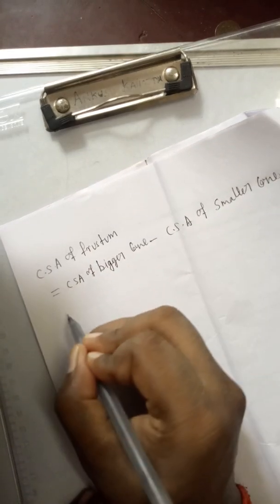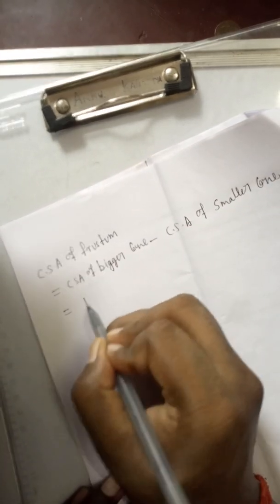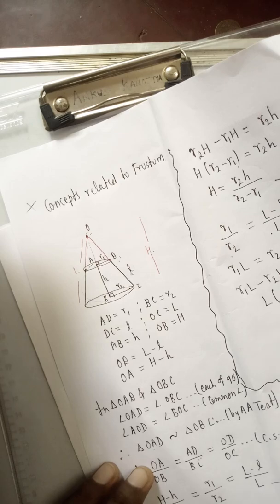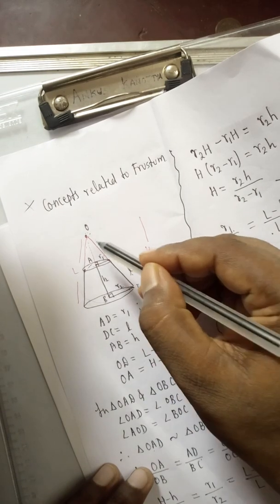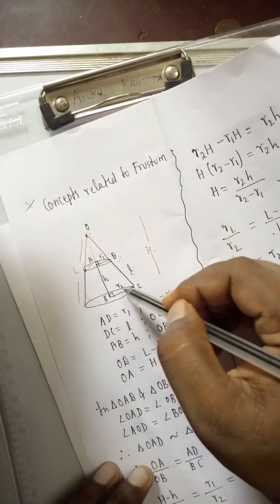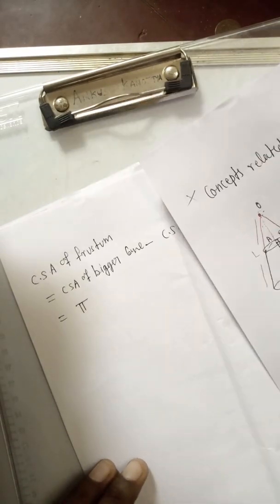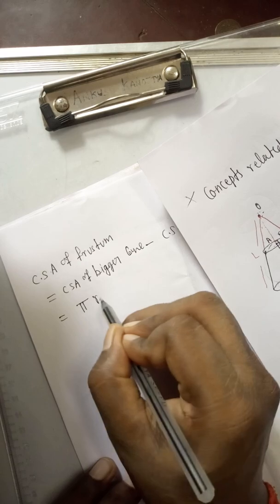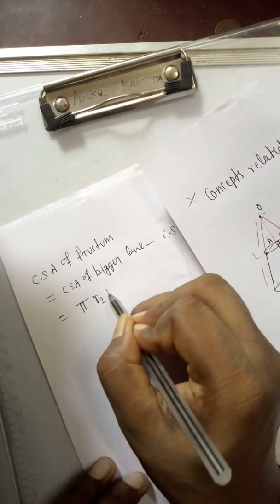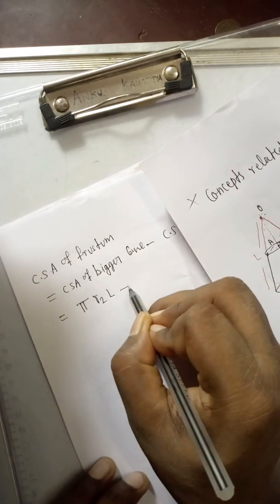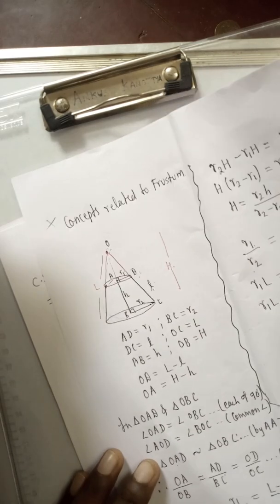So what is C.S.A of the bigger cone? I'll repeat from this figure. I hope you all can see. C.S.A of the bigger cone is pi, radius is R2 and slant height is capital L. So pi R2 L. Minus, what is C.S.A of the smaller cone?